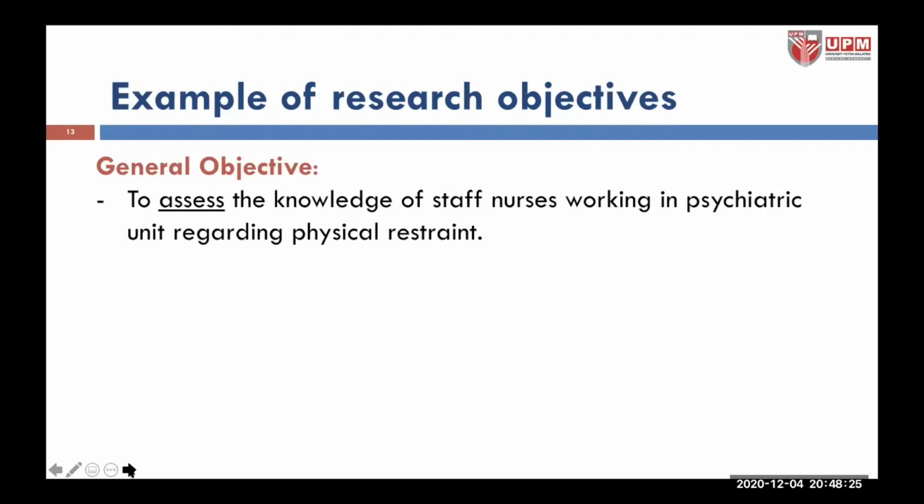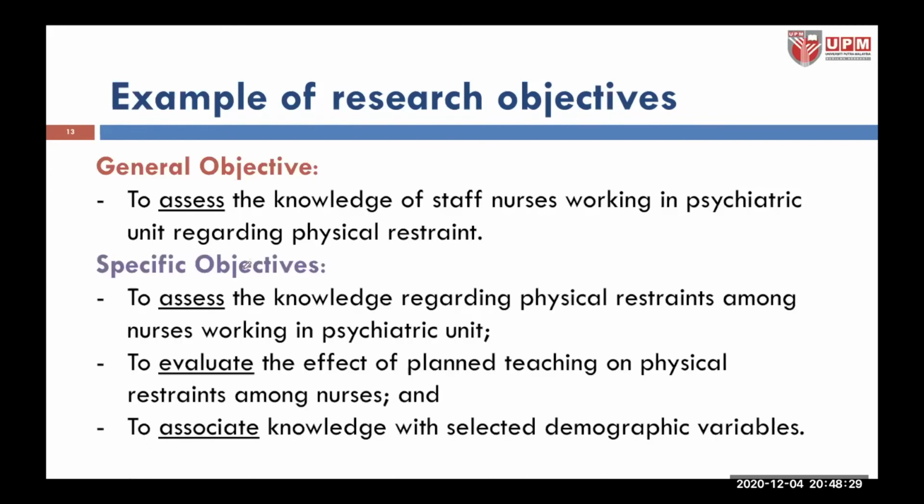So let us see what are the specific objectives, which can be written after you have written the general objective. For example, to assess the knowledge regarding physical restraint among nurses working in psychiatric unit, and then to evaluate the effect of planned teaching on physical restraint among nurses, and also to associate knowledge with selected demographic variables.